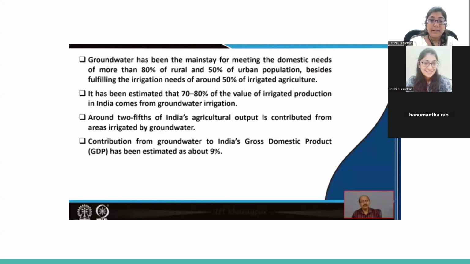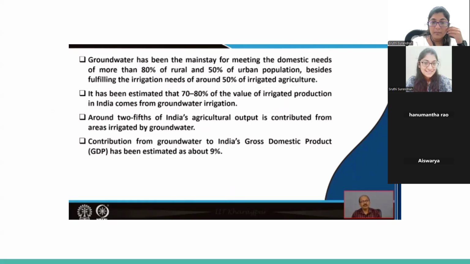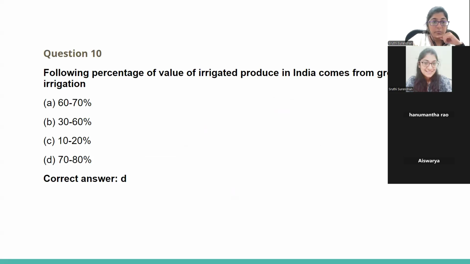All over India, 70 to 80 percent of the irrigated produce comes from groundwater irrigation. Also, you can see two-fifths of India's agricultural output is contributed from areas irrigated by groundwater. These are all statistics that can come from this portion. Moving on, the correct answer would be option D, 70 to 80%.